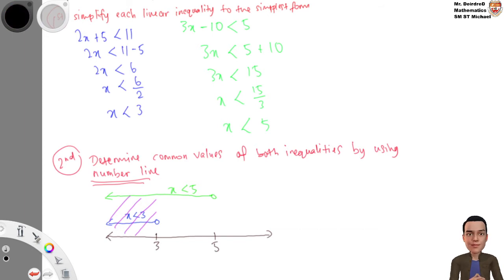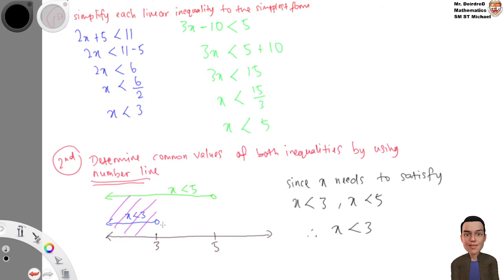So our solution, since x needs to satisfy x less than 3 and x less than 5, then the common region based on the number line gives the solution x less than 3, because the common region is here, the purple shaded part.